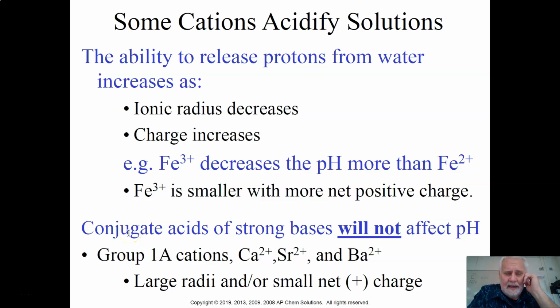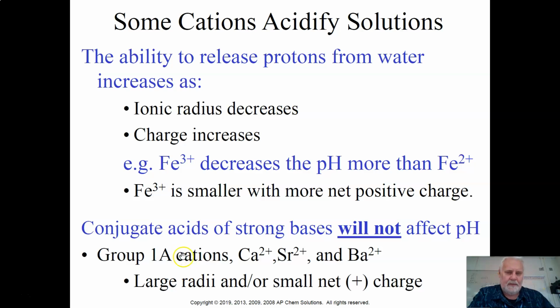This next statement: conjugate acids of strong bases will not affect the pH. So if we're looking at cations, you remember the bases that we picked out: you just drop down group 1A, and then we said CBS was the weird way I remembered that, but calcium, strontium, and barium. So those ions will tend not to affect the pH because they're relatively large, or they have small net charges on them.